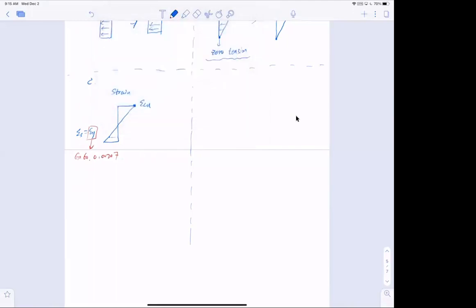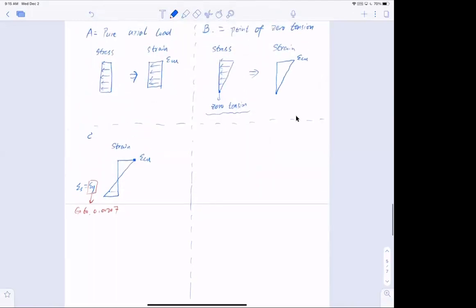So that means I can keep applying moment to the point that my compressive strain of concrete reaches the failure, and my tensile strain of steel reaches the yield point. And I call this a balanced failure.